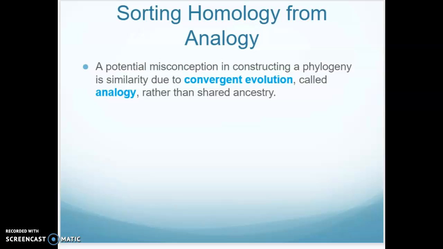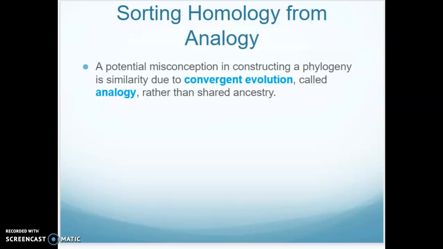This is different from analogies, where it could be the same purpose but different evolutionary history. It says a potential misconception in constructing phylogenies is similarities due to convergent evolution or analogies. Convergent evolution means that you arrived at the same solution to a problem, but it's not based on shared ancestry. So that would be an analogy.